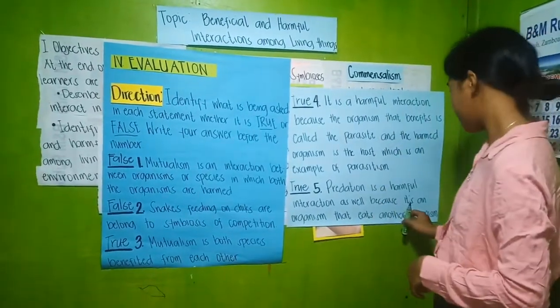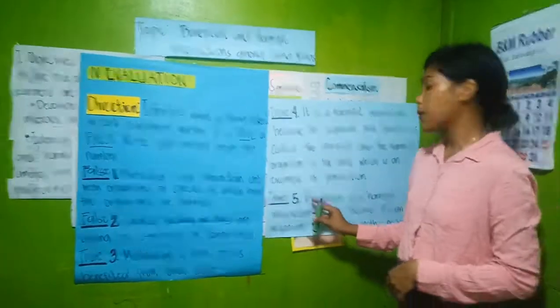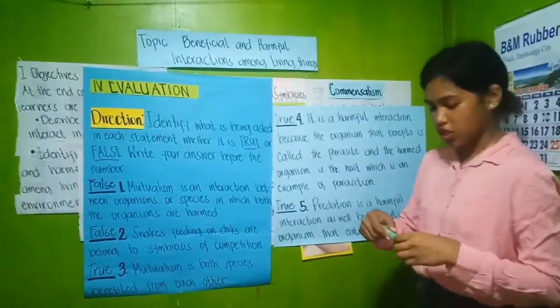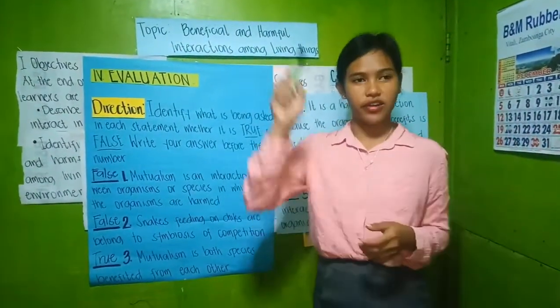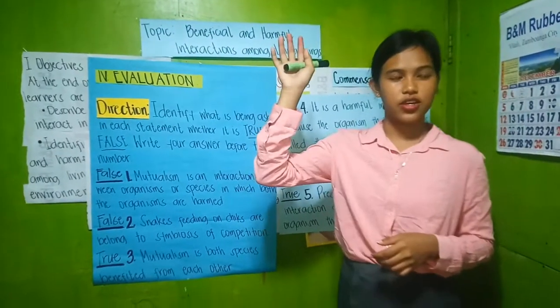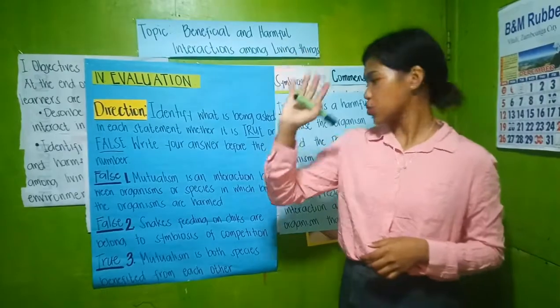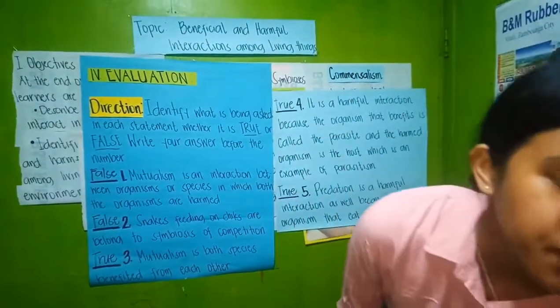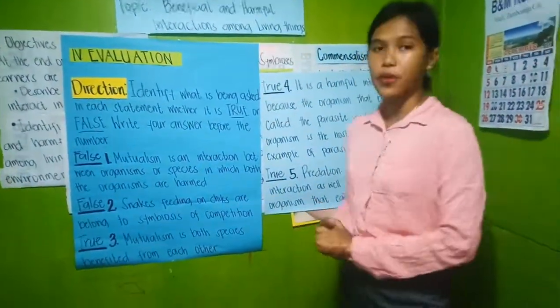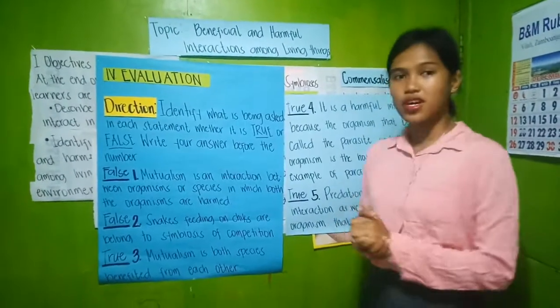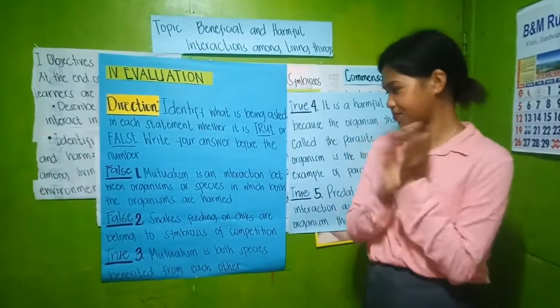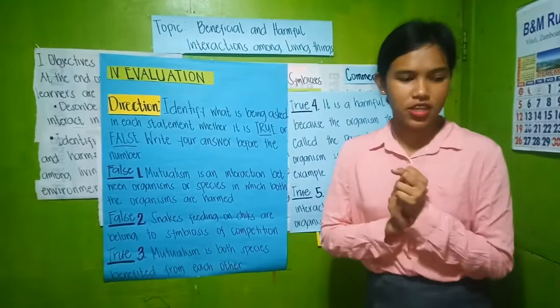This kind of symbiosis is called predation. So, who got the perfect score? Everybody got the highest score or even the perfect score. Let's give a round of applause. Very good students.